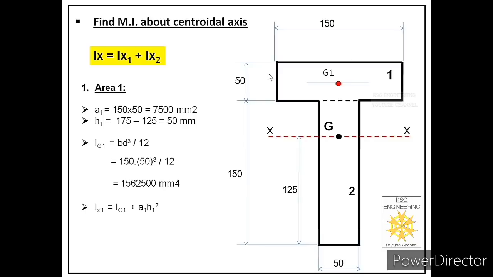Ix1 is the moment of inertia of area 1 about the main axis. So that will be equal to the moment of inertia about its own centroidal axis plus area 1 into h1 square. So put these values, we will get the moment of inertia of area 1 about the main axis, that is Ix1. So in this equation we got the first value.